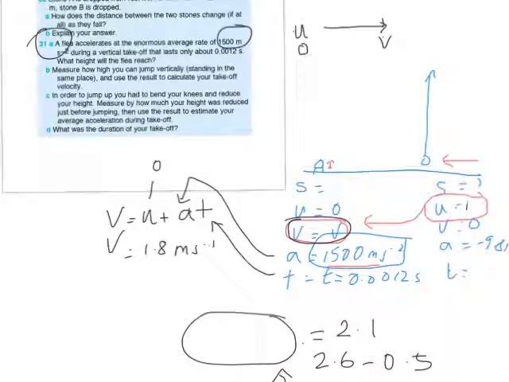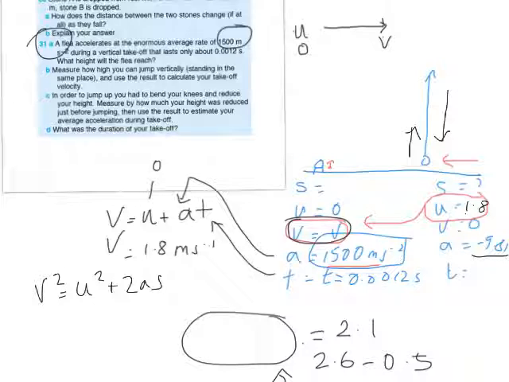And now we have enough information to work this out, because we can use the equation v squared equals u squared plus 2as. Now, why have I used a negative value here? Because my initial velocity up is positive, and the acceleration is acting down, and so it's minus.